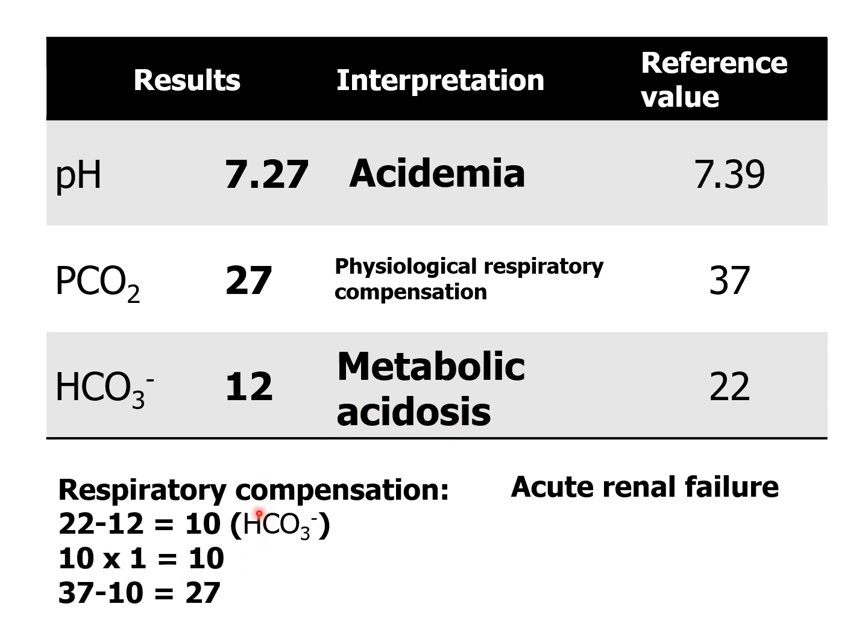In other words, for the lungs to have an expected compensatory response to metabolic acidosis, they should lower the PCO2 by 10 to compensate for the 10 unit decrease in the bicarbonate in the observed data for our dog.